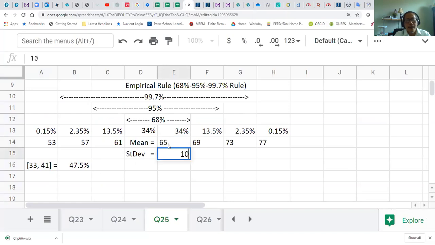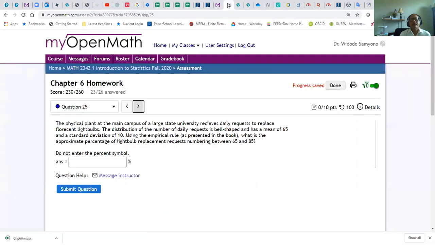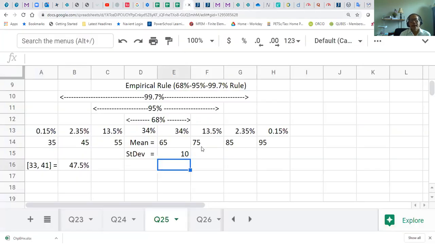And you're looking for the area between 65 and 85. Those will be these two areas, so you add these two, and you get 47.5.